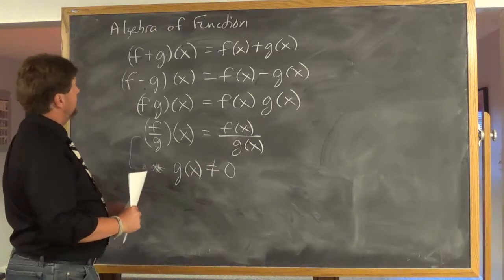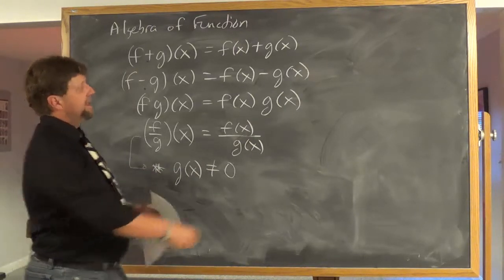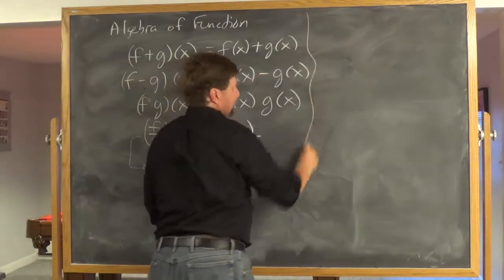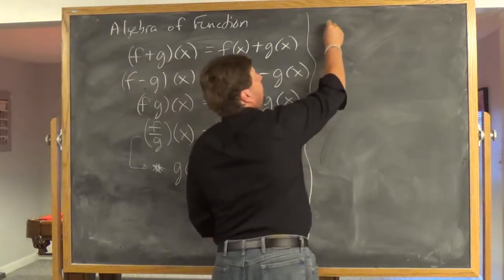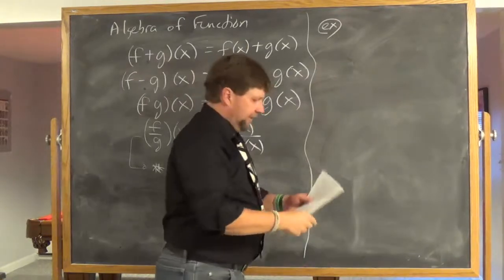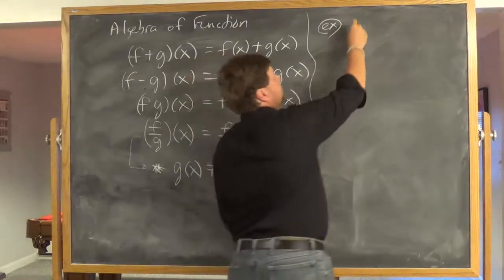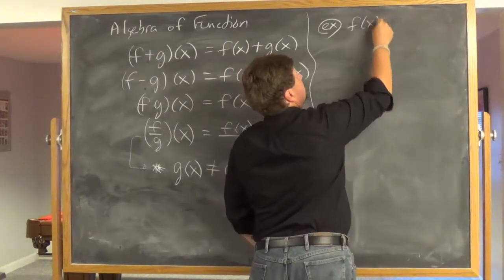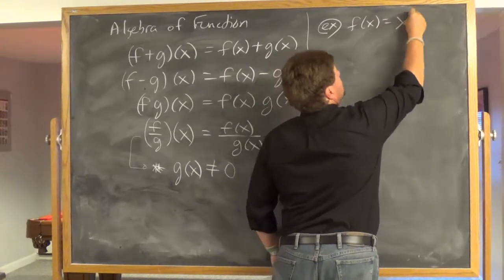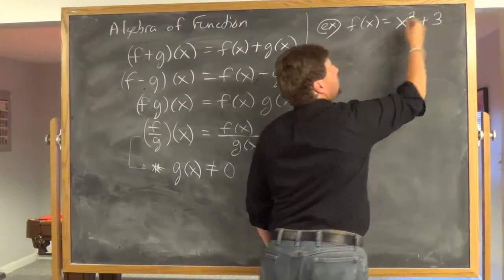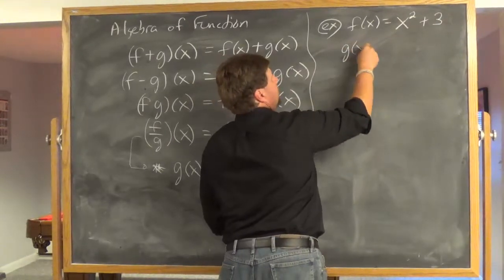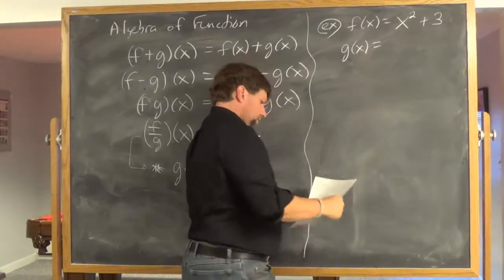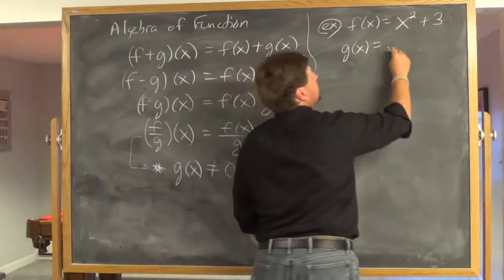So let's see. I think I have enough room here. Let's do an example. Let's say I give you the following functions: f of x equals x squared plus 3, and g of x equals square root of x plus 1.